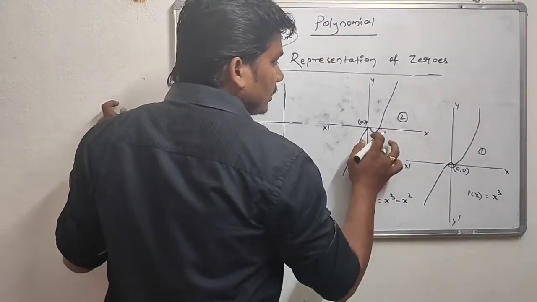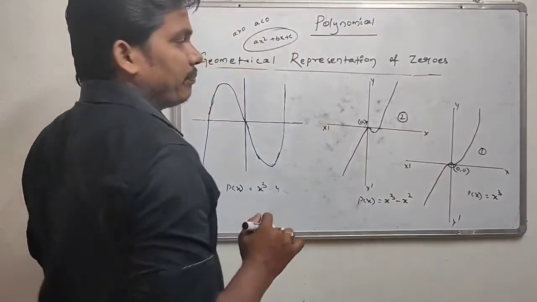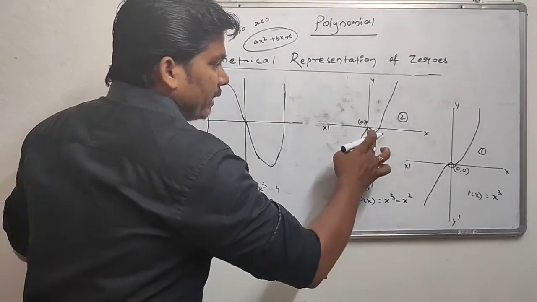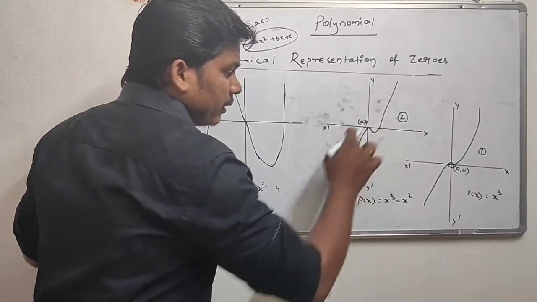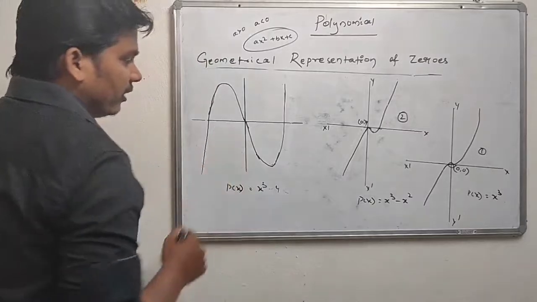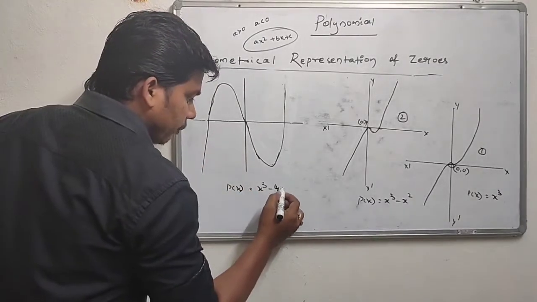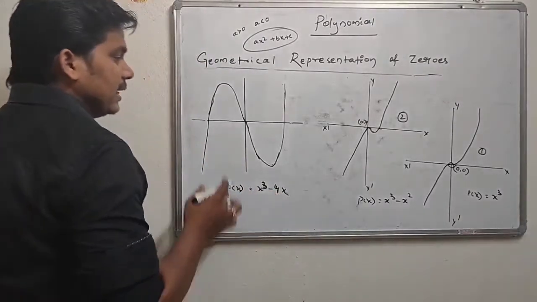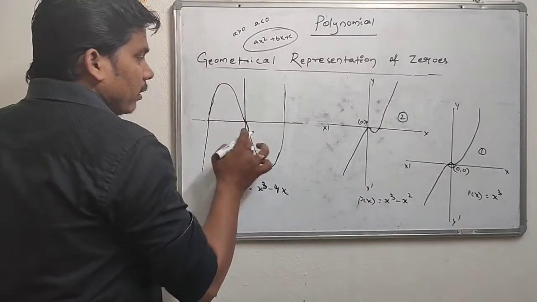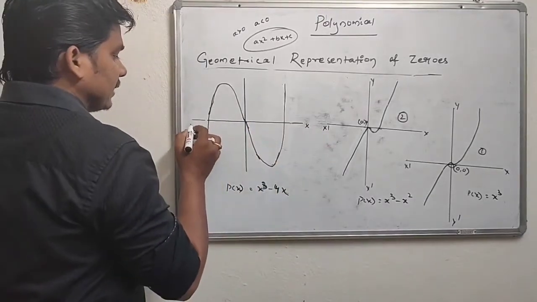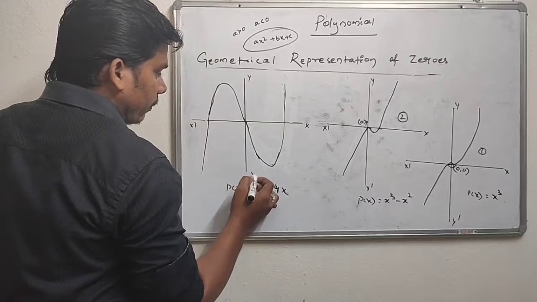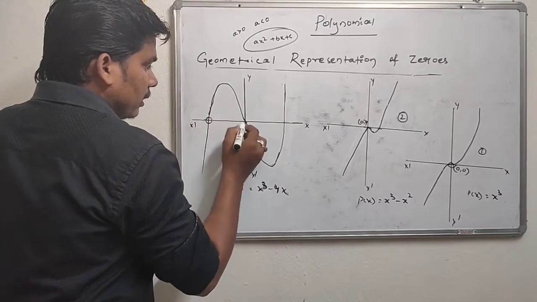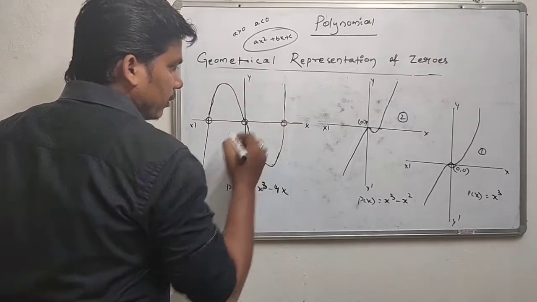Means at 1 point it meets the x-axis and at another point it cuts the x-axis. But for this case, this polynomial is x cube minus 4x. Here the graph meets or cuts the x-axis at 3 different points. This is 1 point, this is another point, and this is another point.